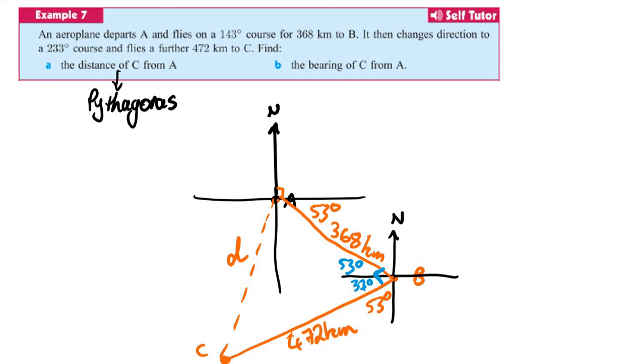The bearing of C from A, this one is asking for that bearing of C from A. And so we know that this bit's 53, this bit's a right angle. So now that we've got this diagram set up, pause, have a go at solving this question.